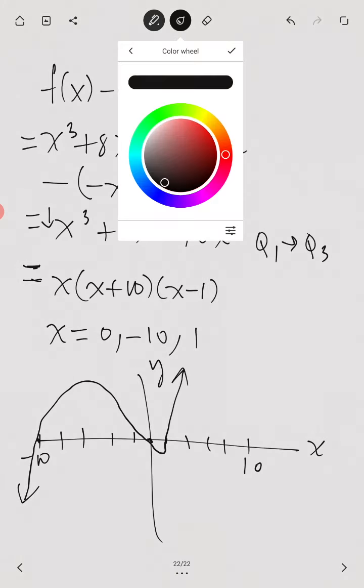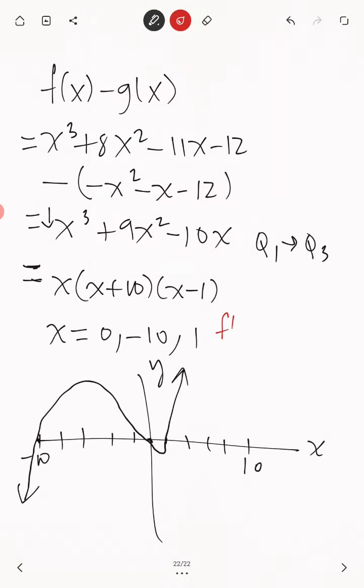And I want to know when, let me just get a different color again here, I want to know when f of x is greater than g of x, and so in order for f of x to be greater than g of x, that would mean that f of x minus g of x would be greater than 0, just moving g of x to the left side of the inequality.